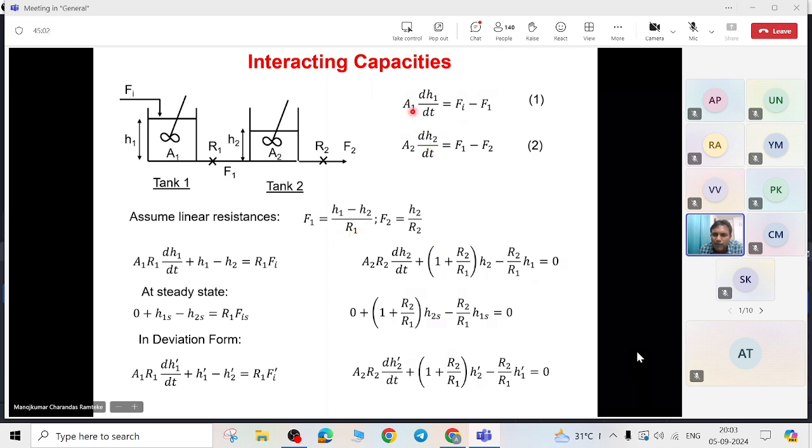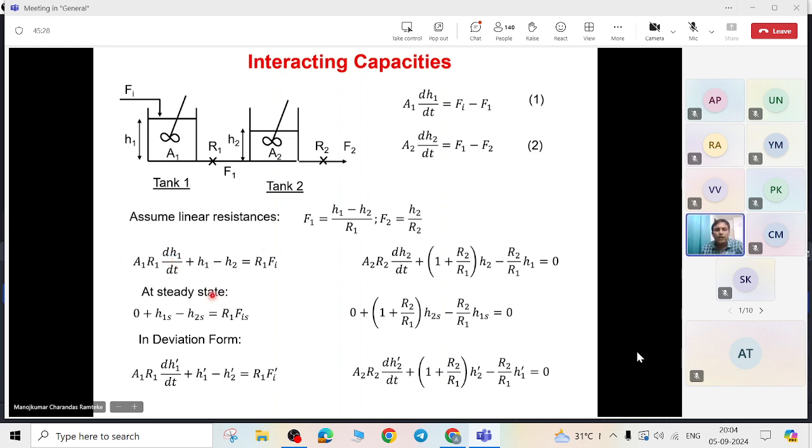So R1 comes here, and that becomes R1 A1 dH1 by dt. Instead of F1, we have H1 minus H2, which we can take to the left hand side, so that becomes plus H1 minus H2, and Fi will be multiplied by R1. So that is what we are getting: A1 R1 dH1 by dt plus H1 minus H2 equals R1 Fi.